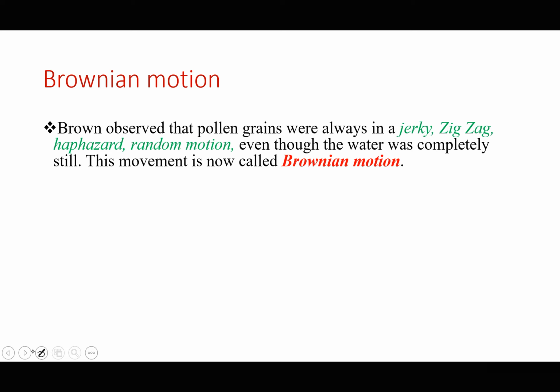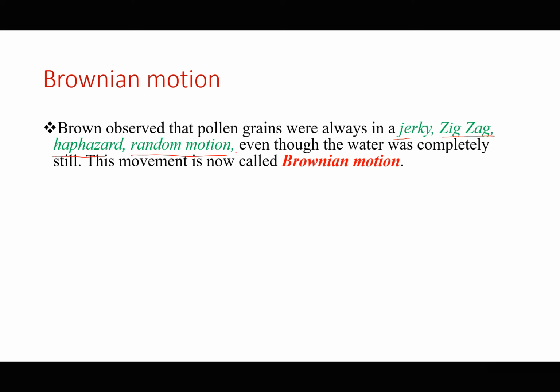Those pollen grains which had fallen on water, which was completely still, were seen to be moving in a jerky, zigzag, haphazard, random motion. So Robert Brown, the English botanist, observed that the pollen grains suspended in water, when viewed under a microscope, were not actually stationary. Today, this movement of pollen grains is termed Brownian motion.